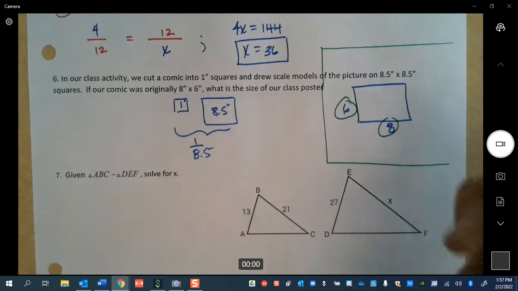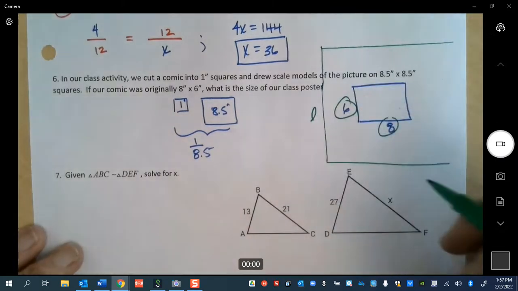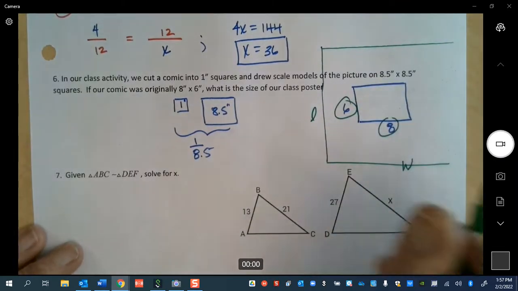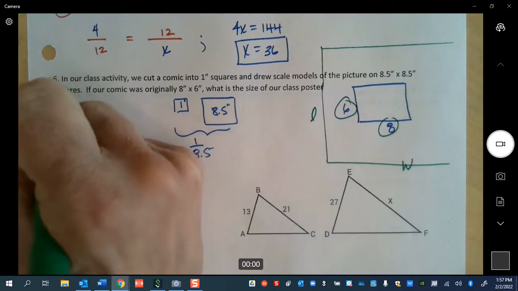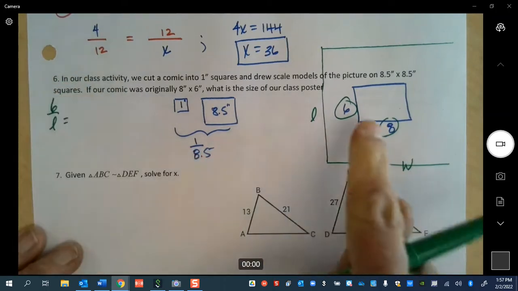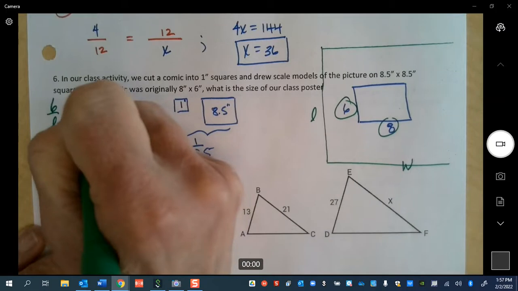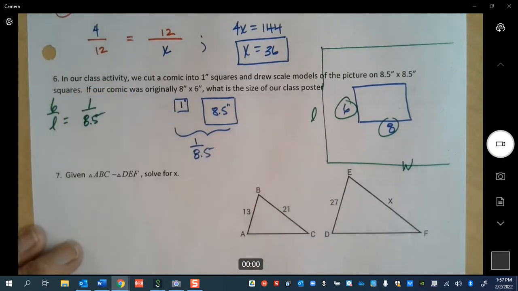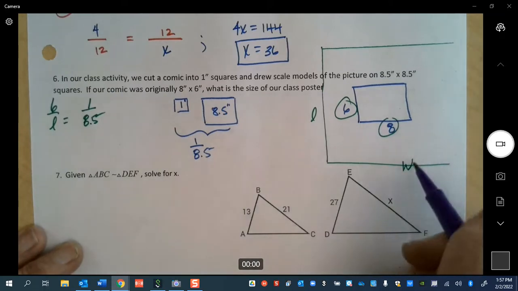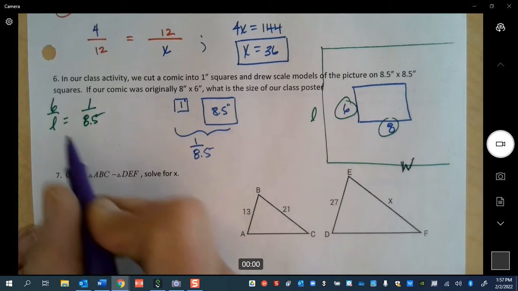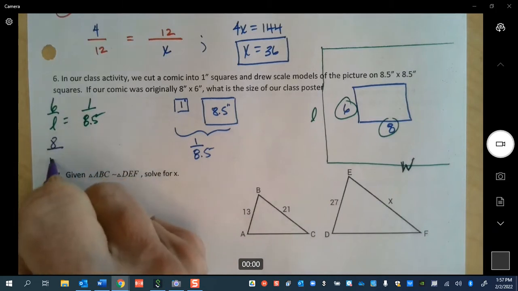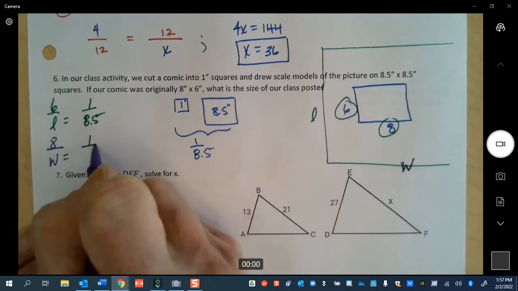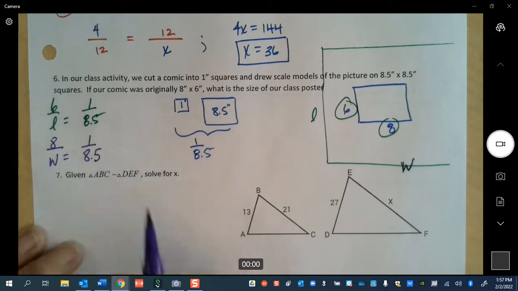So if our class poster has this length and width, I know that 6 to the length is going to be equal to the same ratio as 1 to 8.5. If I'm solving for the width, I can say that the little to the big has the same story as the little to the big.